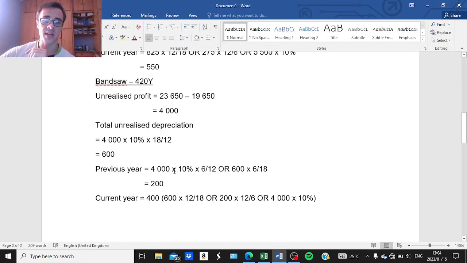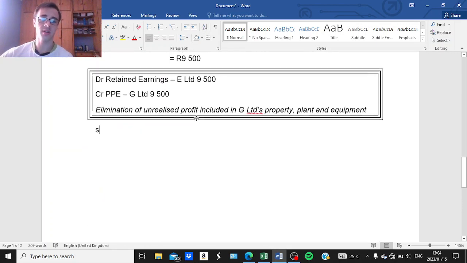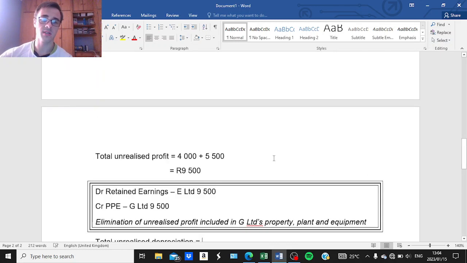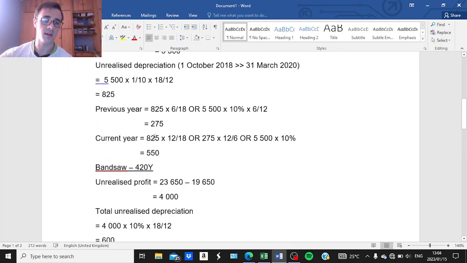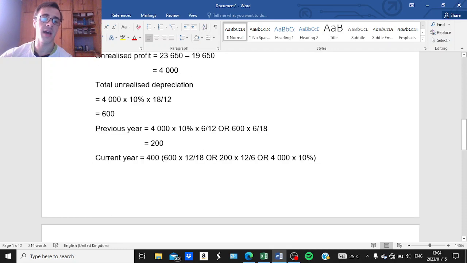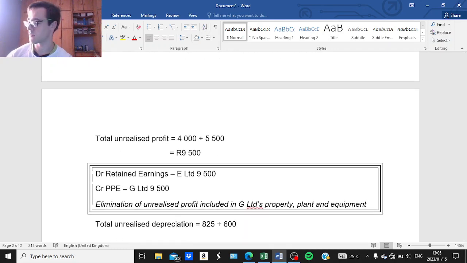However, we still need to account for the unrealized depreciation. So the total unrealized depreciation that we need to eliminate for consolidation purposes is 825 for Toledo and 600 for the bandsaw equipment. So this will give you a total of 1,425 Rand.